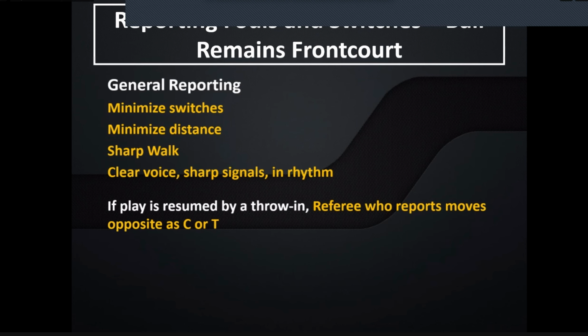So you're going to be opposite the table, but you're going to be C. If the throw-in is going to be opposite the table, you're going to go to trail, because you're going to have 2 officials opposite the table on ball side.